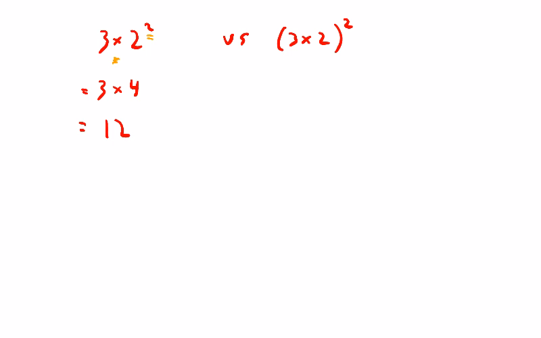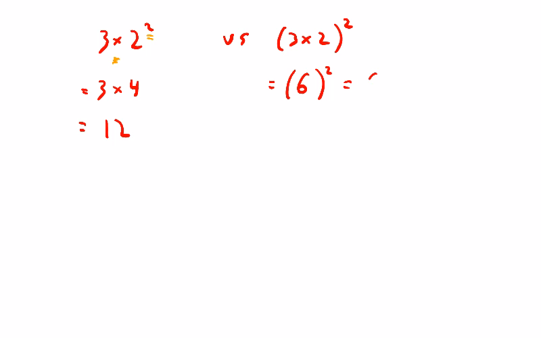In the second case, we have parentheses to work with, so the parentheses are the first thing that we need to look at. The exponent comes second in our list. So we have to do what's inside of the parentheses first. So we have to multiply the 3 times the 2 first, and then we get 6. We could leave parentheses around that and square it.